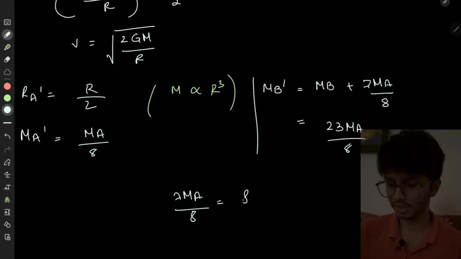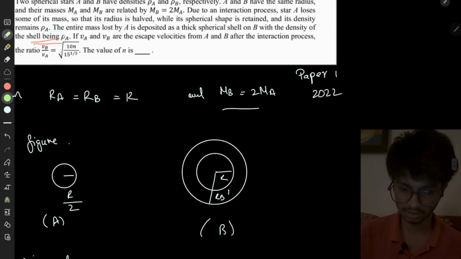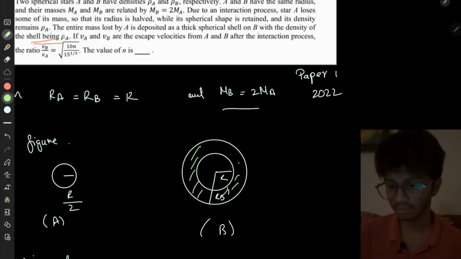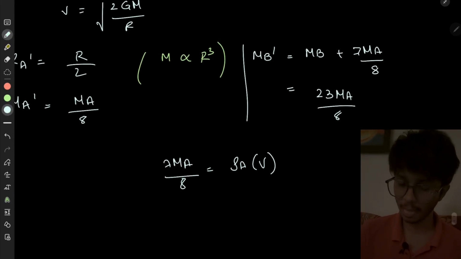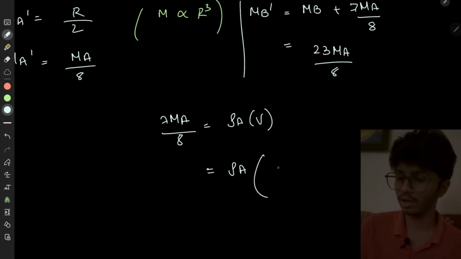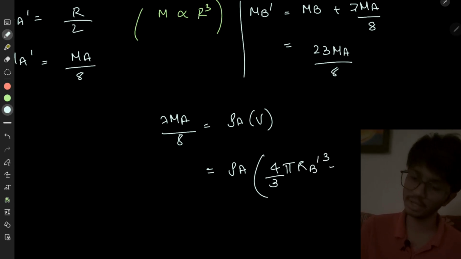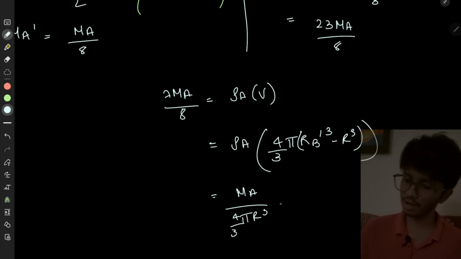This would be equal to density of A into the volume that is added, the volume in the sense this volume, and this volume is equal to 4 by 3 pi RB dash cube minus R cube, and rho A is MA upon 4 by 3 pi R cube.